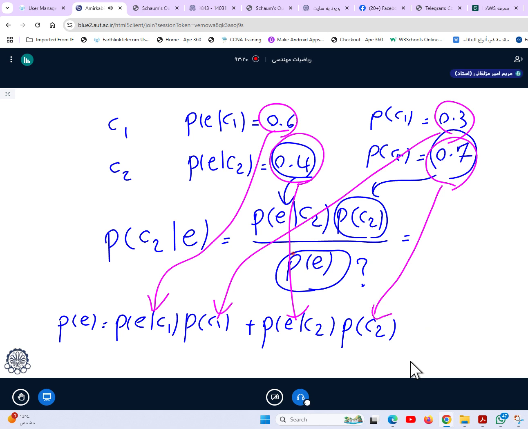By replacing these values in this fraction, we can obtain the probability of class 2 conditioned on error. It means that if we know that we have an error, what's the probability of class 2? In the same way, we can compute the probability of class 1 conditioned on error.